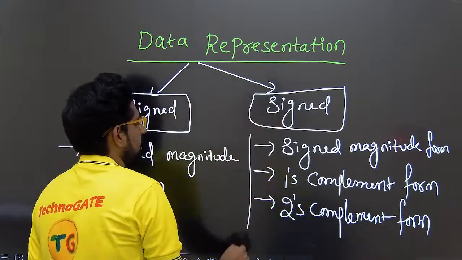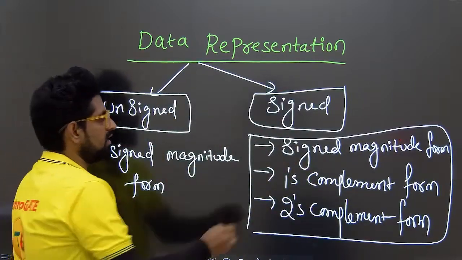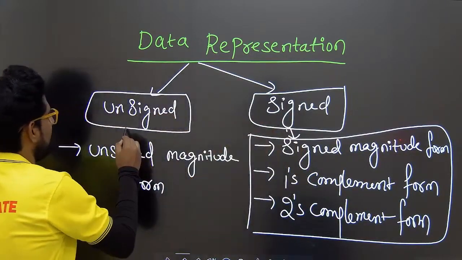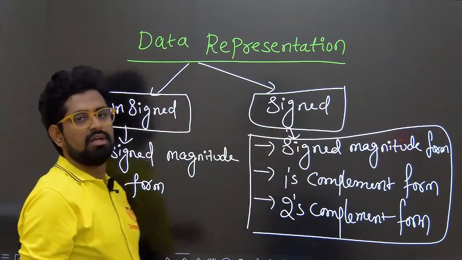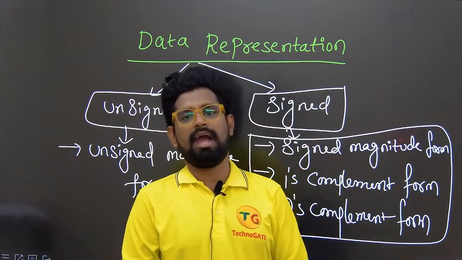These three types are the signed representations. Coming to the unsigned format, we have only one type, which is unsigned magnitude form.